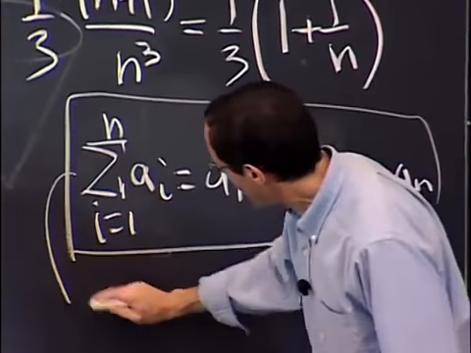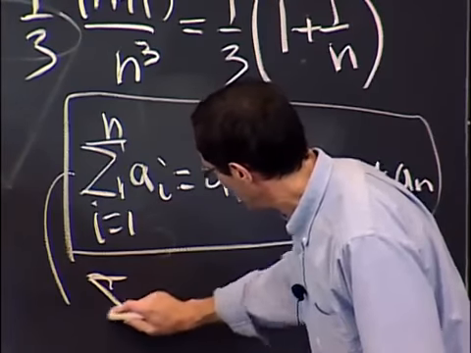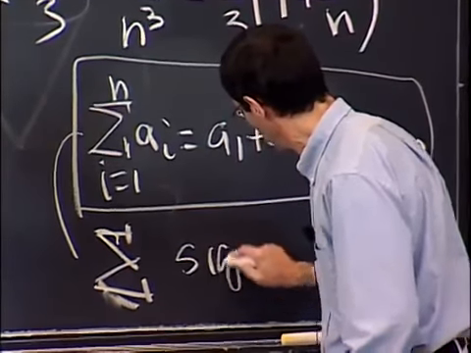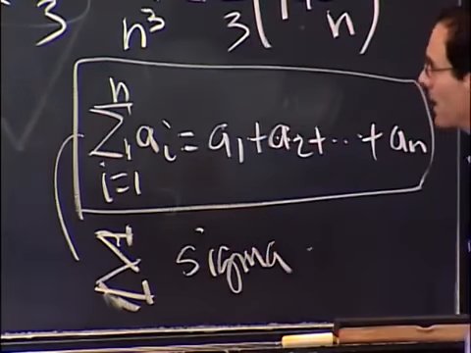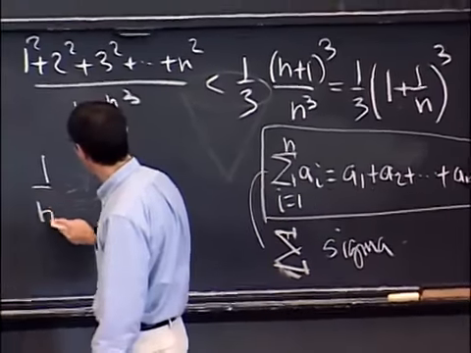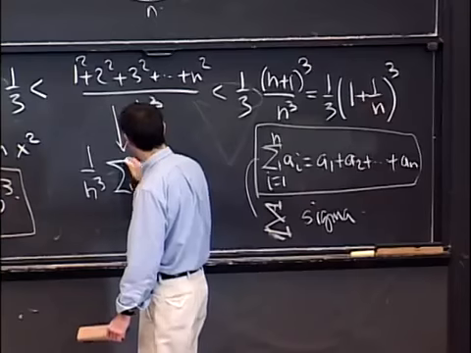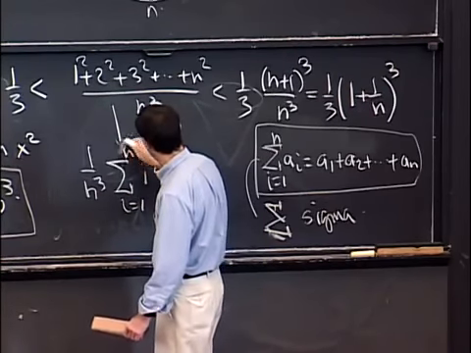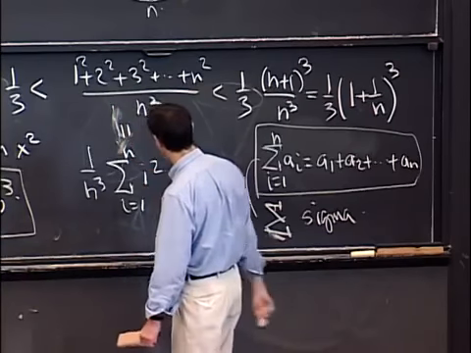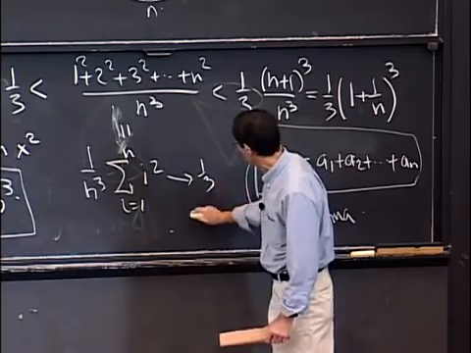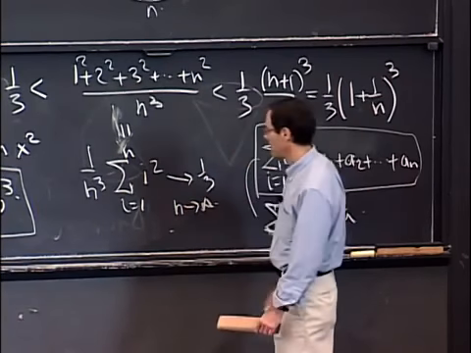And this is a capital sigma. And so this quantity here, for instance, is 1 over n cubed times the sum of i squared, i equals 1 to n. All right, so that's what this thing is equal to. And what we just showed is that that tends to 1/3 as n goes to infinity.